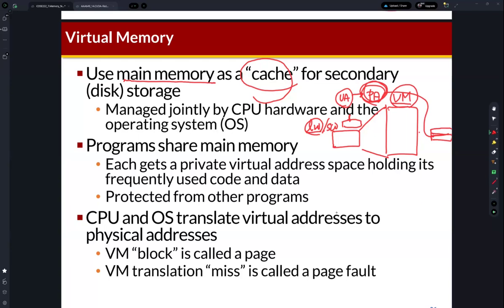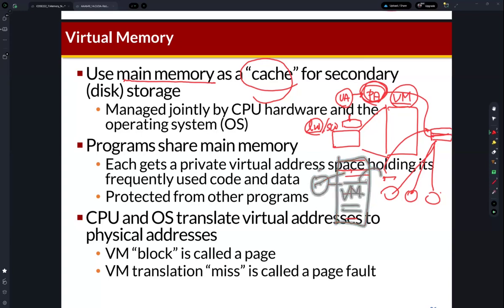Many processes need to share the physical memory space, but the operating system provides a single virtual memory space to each process. The process can just access this single virtual memory space, but this virtual address needs to be translated into the real physical memory space. So this is the concept.